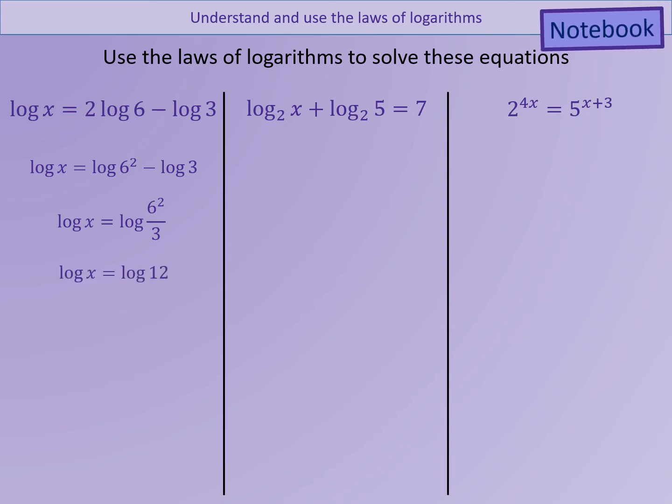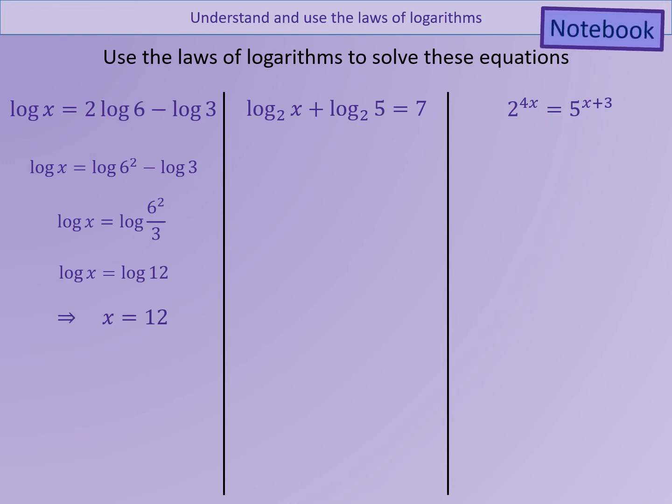If I perform the maths on that, I end up with log x equals log 12. At that point, now that I have a single log on the left-hand side with no coefficient and a single log on the right-hand side with no coefficient, mathematically, it is logical to say that x must equal 12.